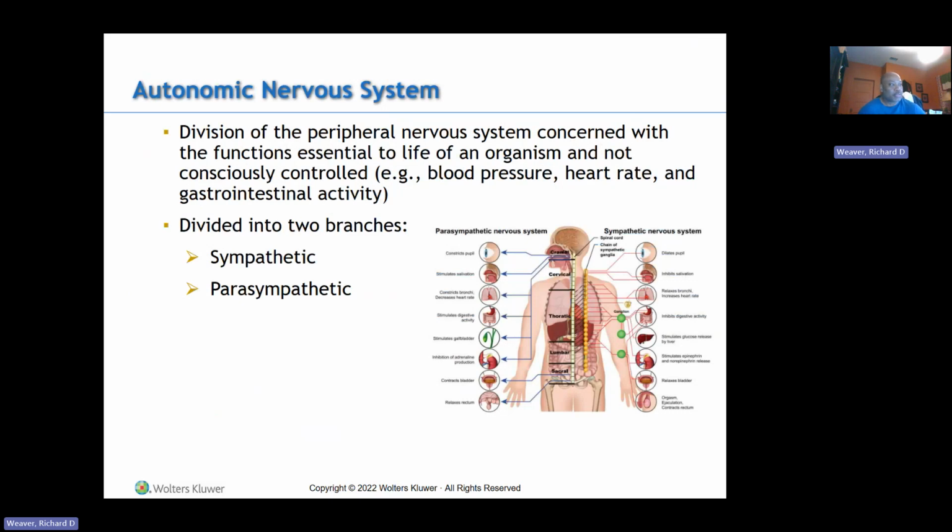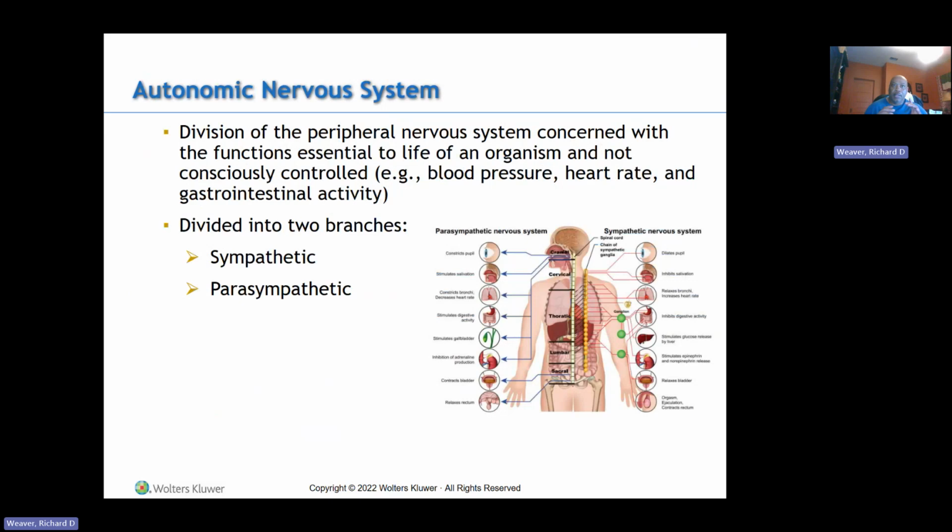And of course, the other one is the parasympathetic nervous system, or parasympathetic. And look to the left of this image, and it tells you essentially how the body is responding to this type of stimulation. For example, as you can see here, as far as pupils are concerned, under the parasympathetic nervous system, they will be constricted, right?